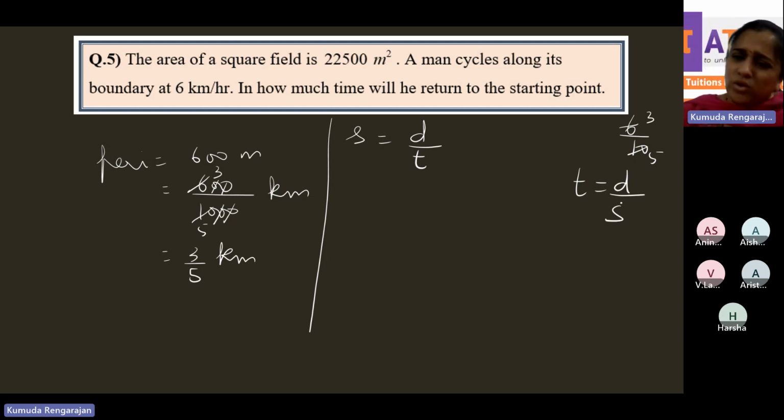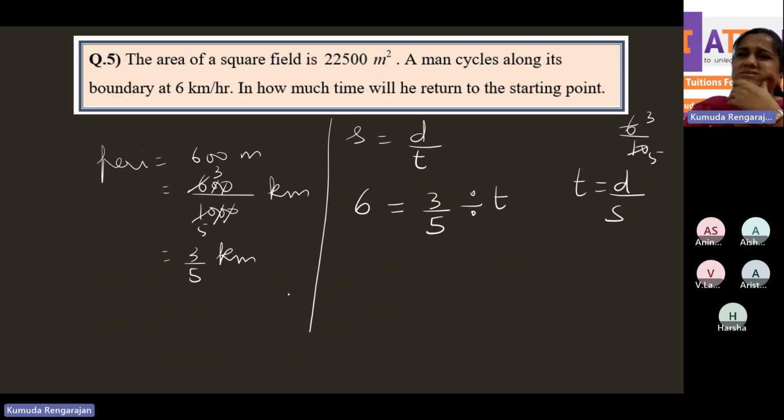You can just write speed is equal to distance by time, and substitute the values you know. You know speed is 6 kilometers per hour. Under speed, write 6 is equal to, what is the distance? 3 by 5 kilometers, divided by time.